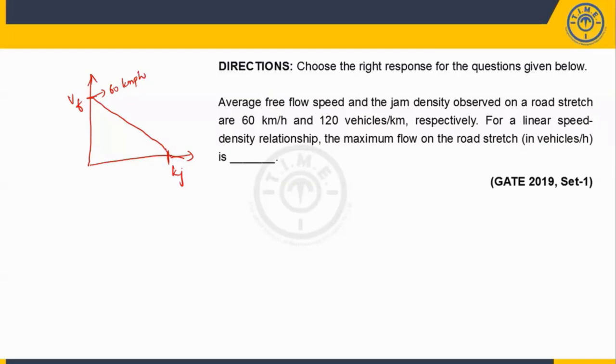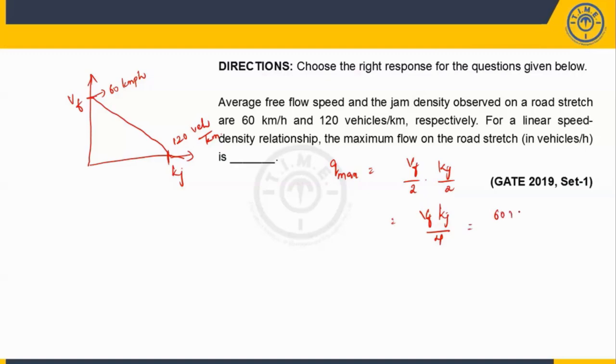Kj is given as 120 vehicles per kilometer. Linear speed density model. Maximum flow, Qmax, happens at VF by 2, Kj by 2. That is VF Kj by 4. Directly remember the formula. Yes, sir.